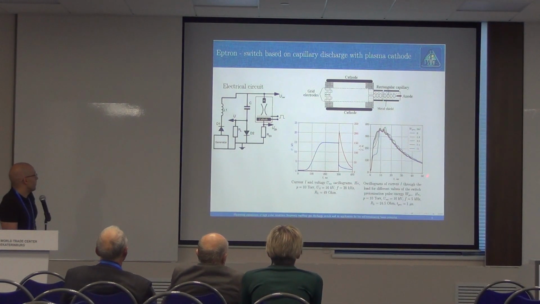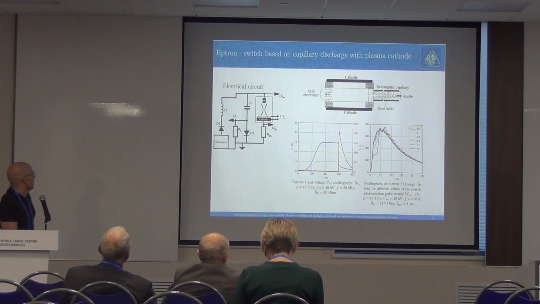As you can see from this plot, initial losses are decreased when you use additional pre-ionization. So it is the main reason to use these additional electrodes.